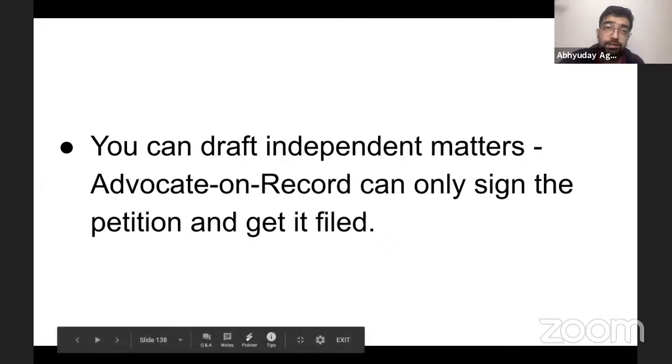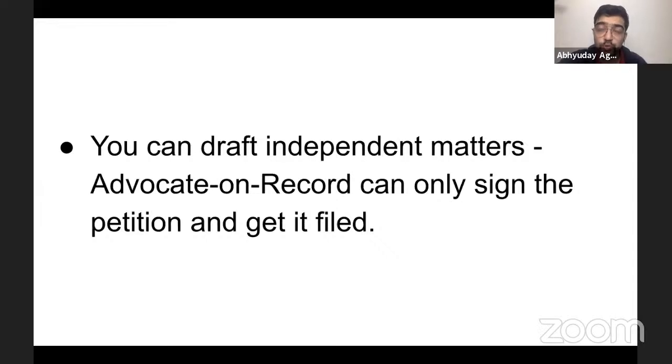So if you start working from the beginning with a senior without knowing the drafting work, you will not be able to do independent filing at the Supreme Court. However, if you learn this separately and then choose to work with a senior advocate, you can do independent drafting work, and you can have an advocate on record sign the petition till the time you qualify for the AOR exam yourself.